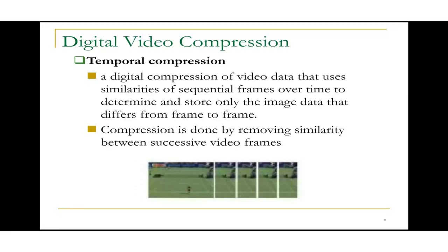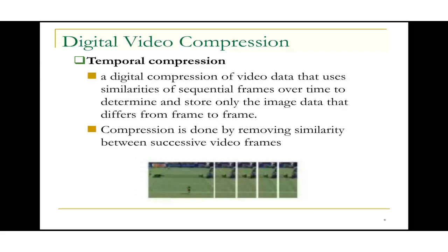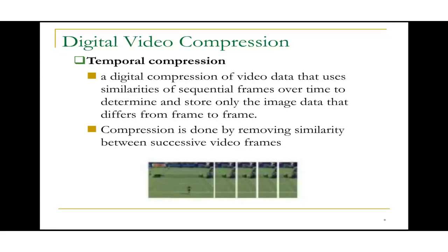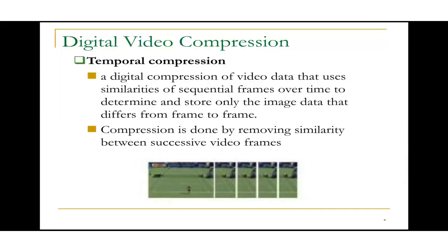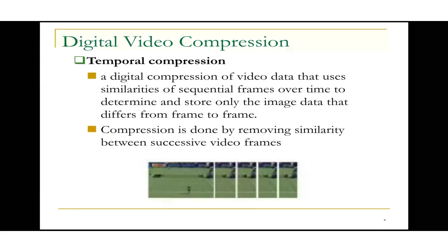You might just store the first one, and for the other 29 you don't store the images. Instead, you store the differences between them. So it's like you have only one image, which will actually be used to display all the others, and you just store the differences.